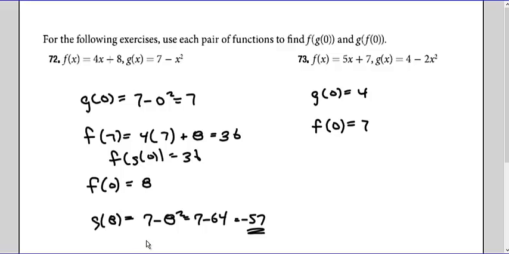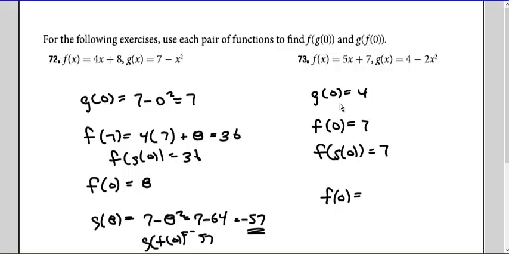Here, g of f of 0 is minus 57. And here, f of g of 0 is 7. Now the last one, we're doing g of f of 0. So we have to do f of 0 first. So f of 0 is 7. 5 times 0 is 0, plus 7 is 7. And then we do g of 7.